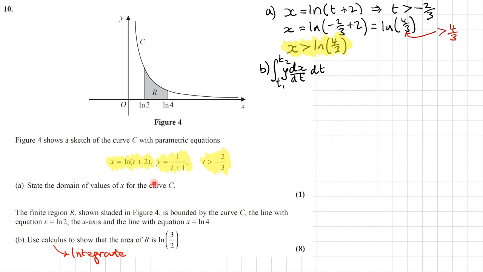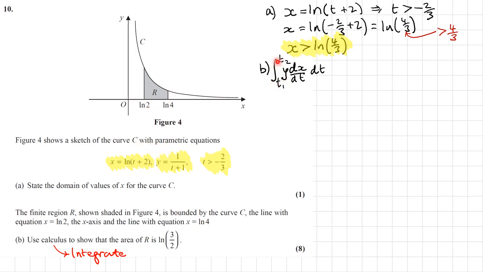Now there are other ways of doing this. I can put these two together and eliminate t and integrate that function with respect to x, but I prefer to do this one. It's just a preference, you can do it either way. So let's start with the limits here. Now the limits at the moment are x limits.